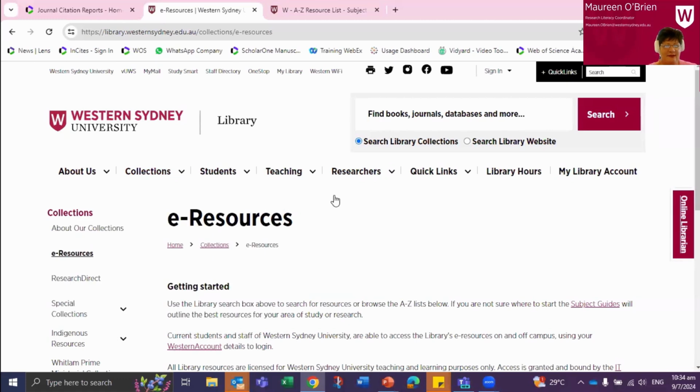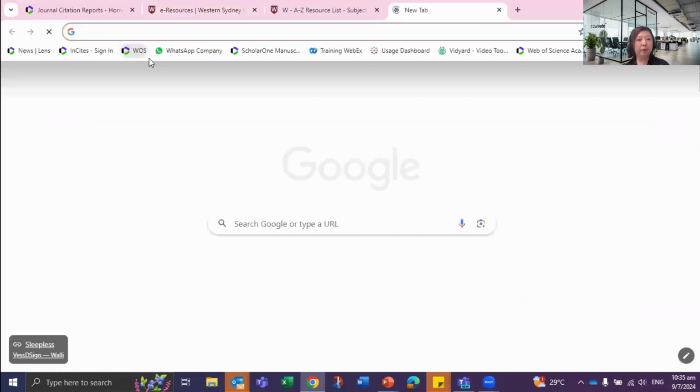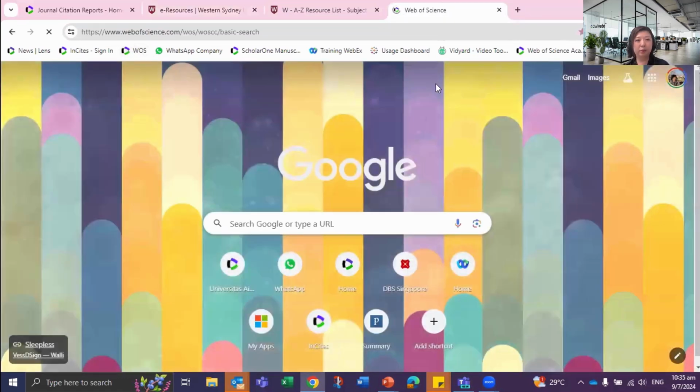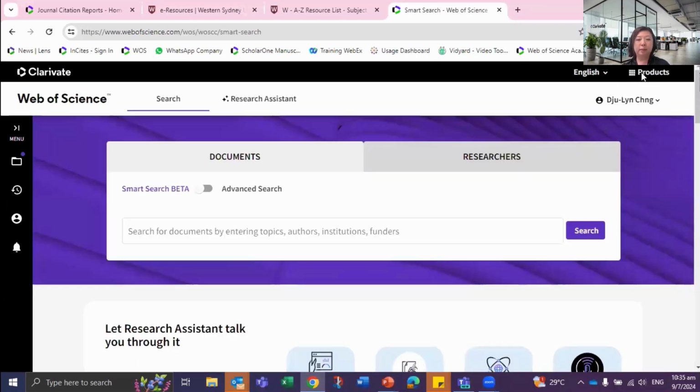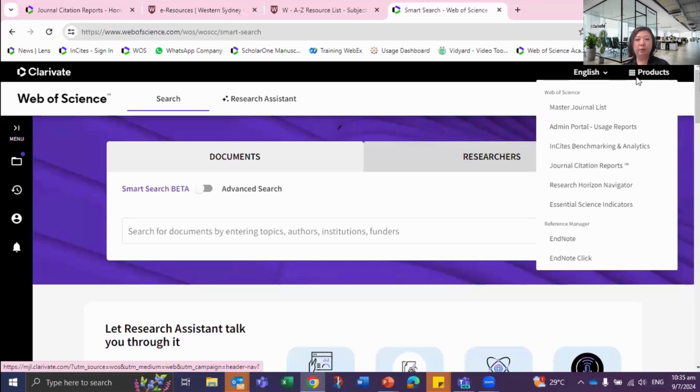All right. So maybe to guide you along on how to access the Journal Citation Reports, if you're using the Web of Science already, on the top right-hand corner of the platform, like this one, let me just quickly show it to you. On the top right, there's a products link. That's where you can access Journal Citation Reports and Master Journal List directly from Web of Science.